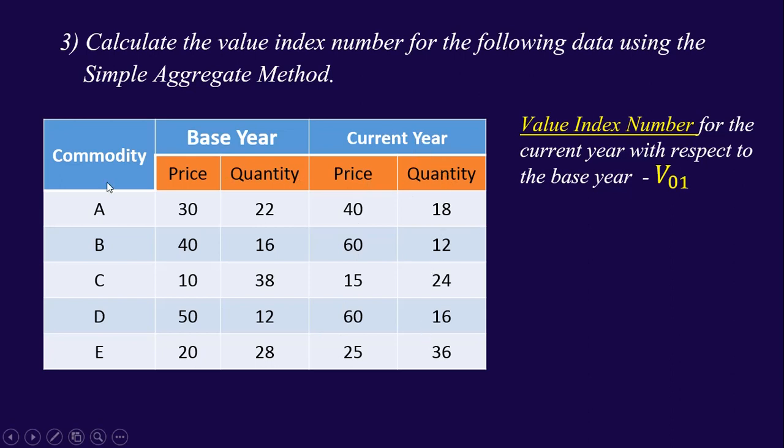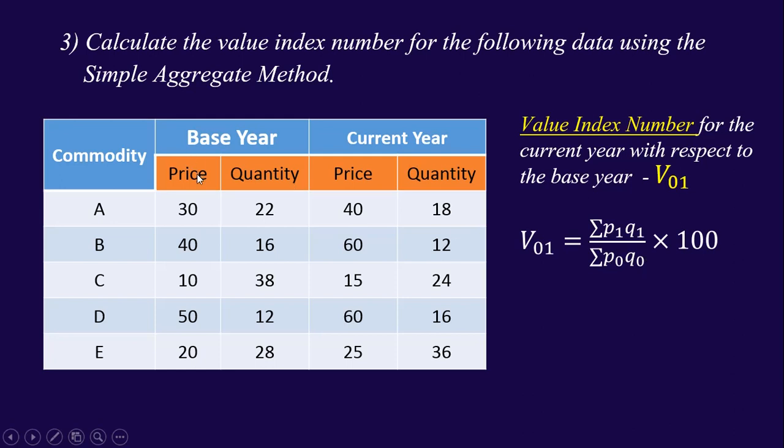So we use the same table, we only have to add two more columns for calculation, since the formula to calculate this value index number is V01 is equal to summation P1 Q1 upon summation P0 Q0 into 100. To get summation P1 Q1 we require a column for P1 Q1, and to get the denominator summation P0 Q0 we require a column for P0 Q0.